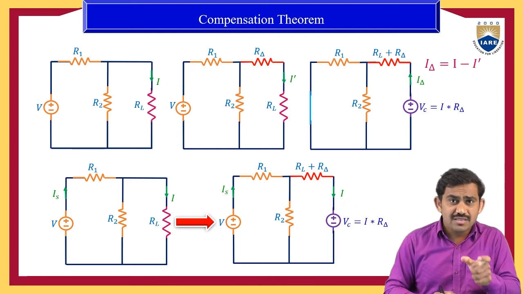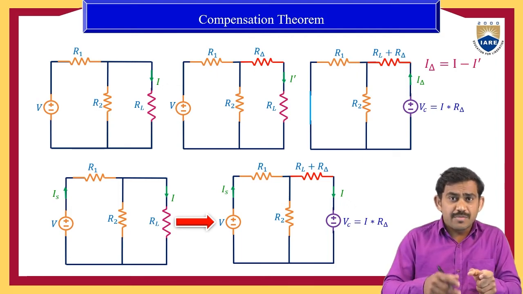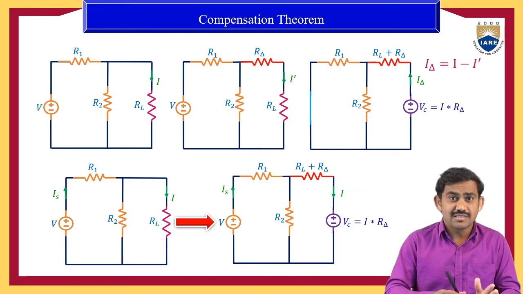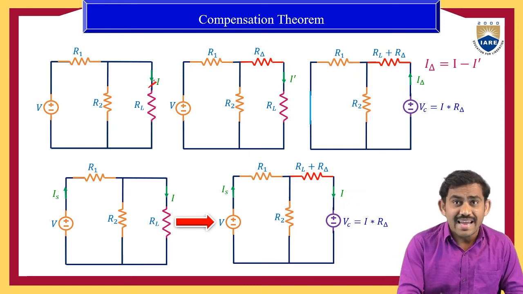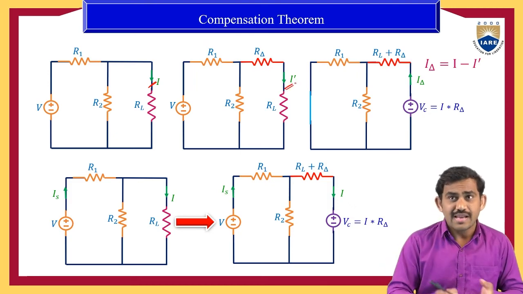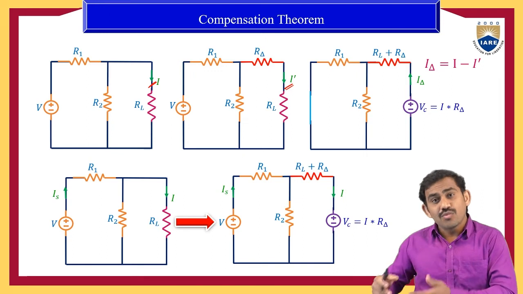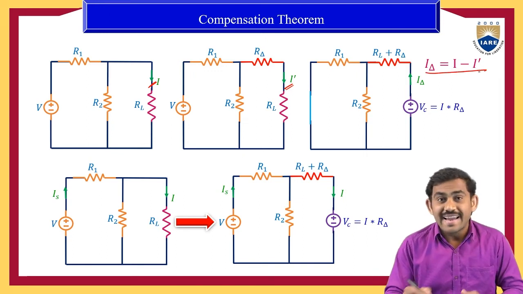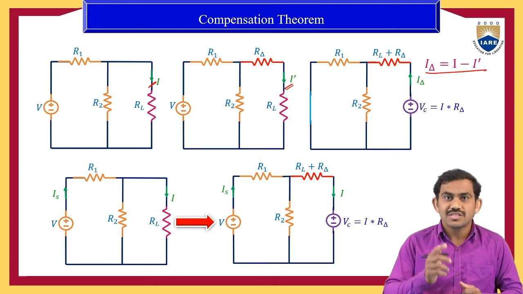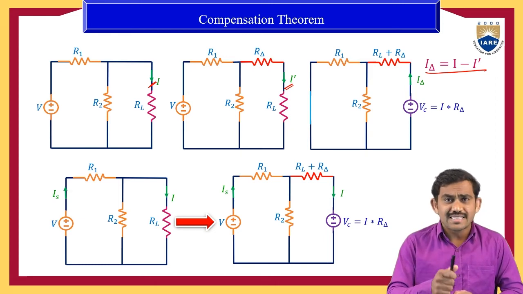Okay, if you want to prove the compensation theorem, take your main circuit. When you have the load resistance, that is the I value. Here is that I value as well as the changed resistor's I dash value. If you want to compensate some voltage, your I delta value is nothing but I minus I dash. So check the direction. Don't forget the directions.